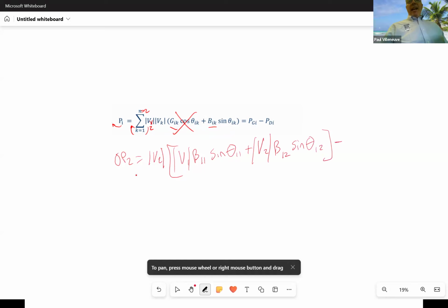Now I'm going to subtract PG1 minus P demanded, 1, 2, right? Okay, and that is my power balance equation. When I get the correct result, I get 0. That's my first power balance equation.